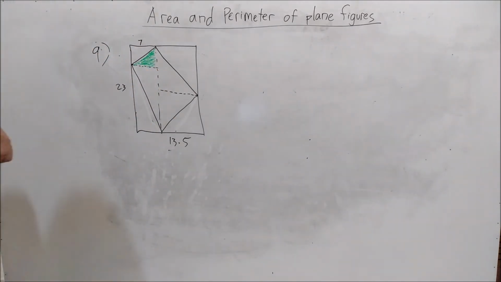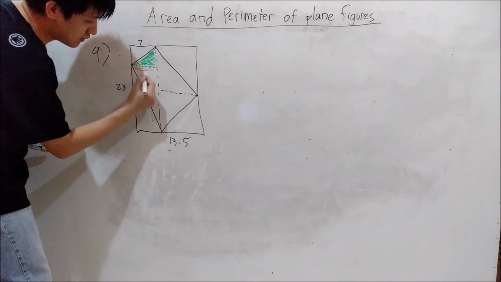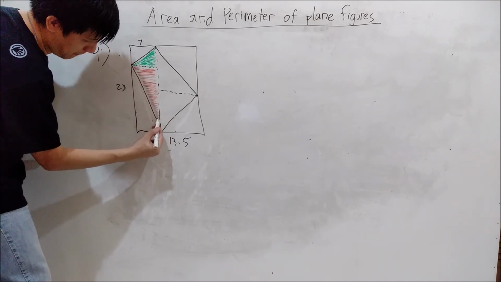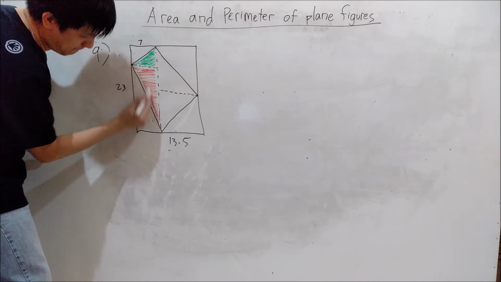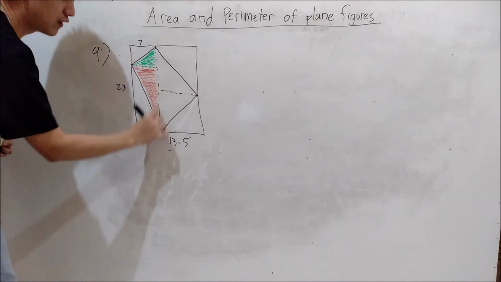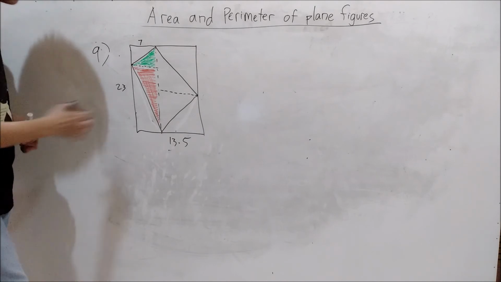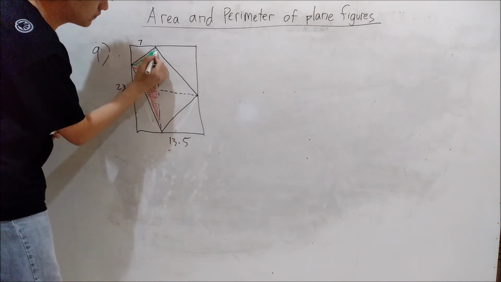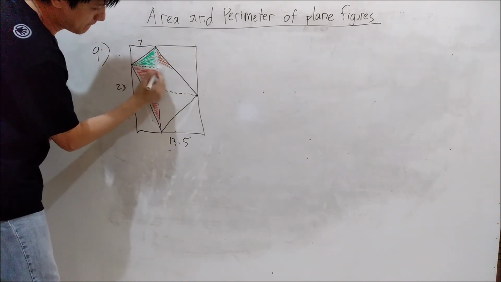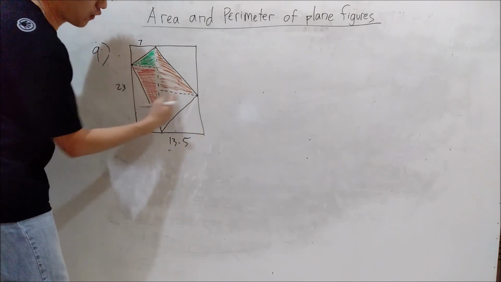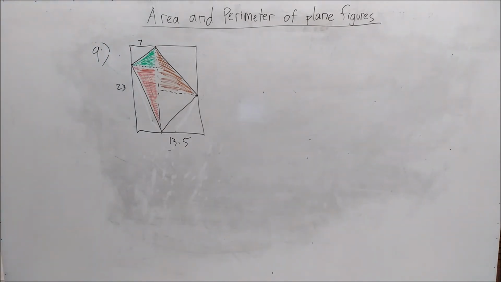The same with the second triangle here. I hope you can see it. This triangle is actually just half of the rectangle. The same thing with the third triangle, just half of this big rectangle.